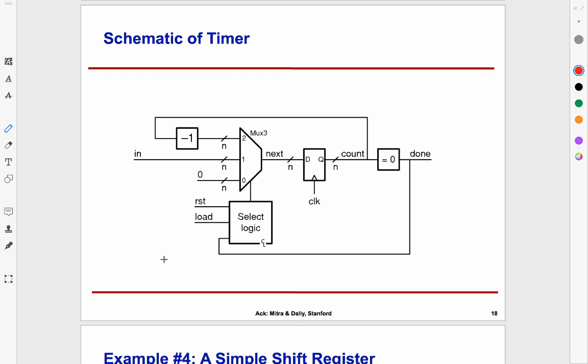We can have a 3-to-1 multiplexer, which is basically a 4-to-1 multiplexer where we just don't need the 4th case. What you see out here is 0 being fed in, in being fed in, or count -1 being fed in. Then I will have some logic out here which takes reset, load, and done, and generates the control signals for the multiplexer. And finally, I'll have something which checks equality with 0 to create the done signal.